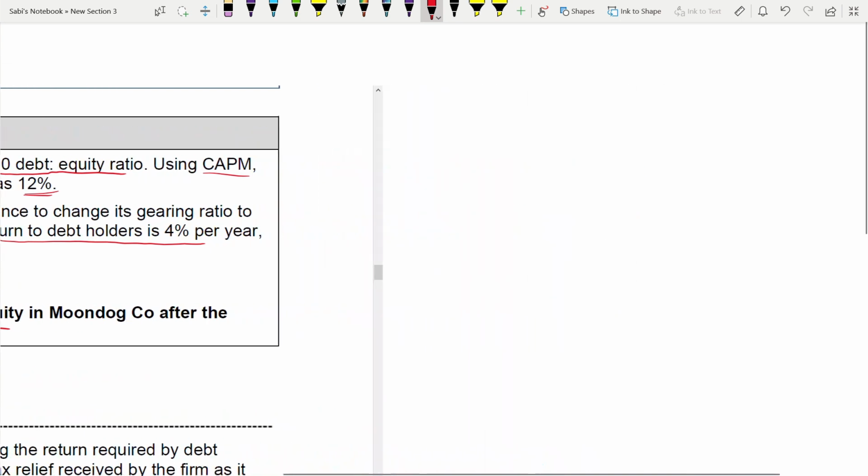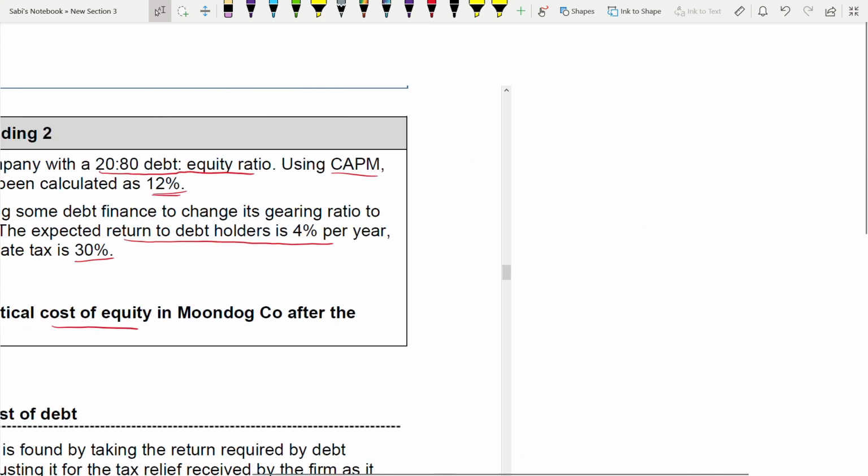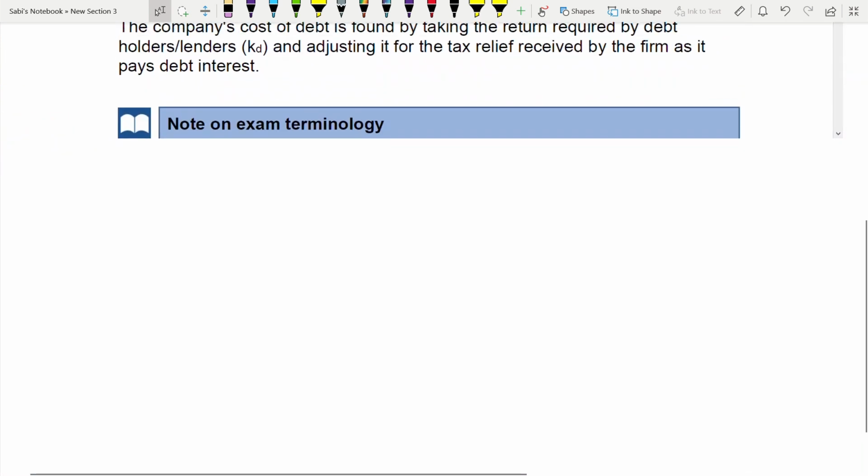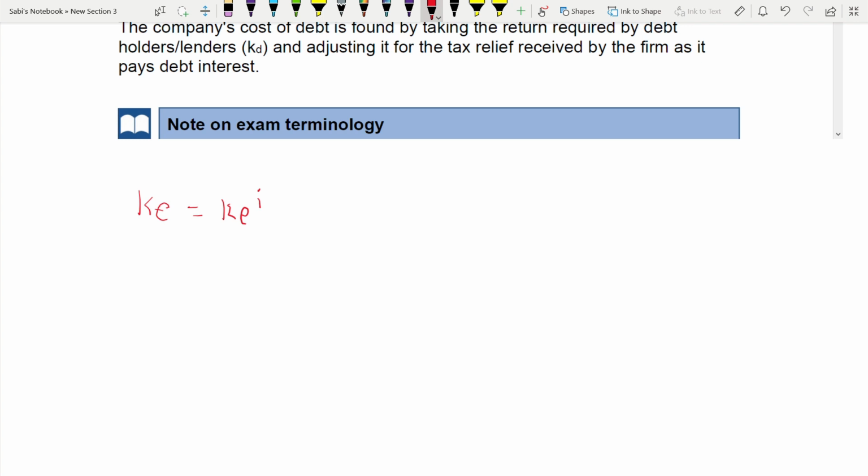So first, as I always begin, you start by writing the formula: KE, that is KEI plus 1 minus tax into KEI minus KD, value of D divided by value of E.